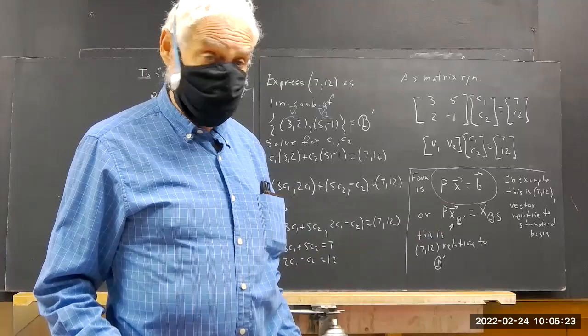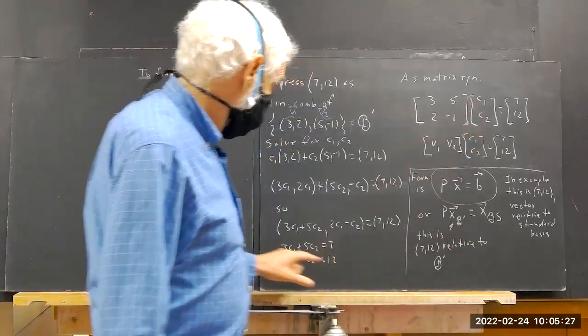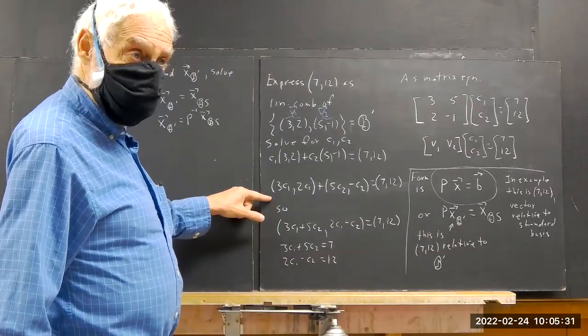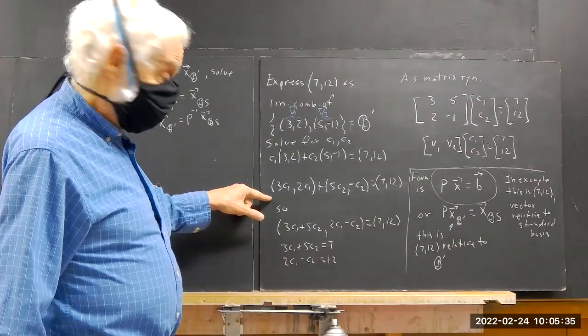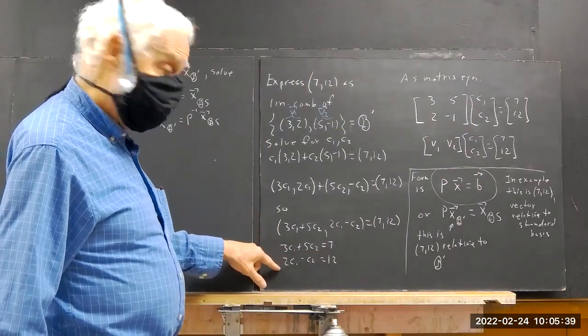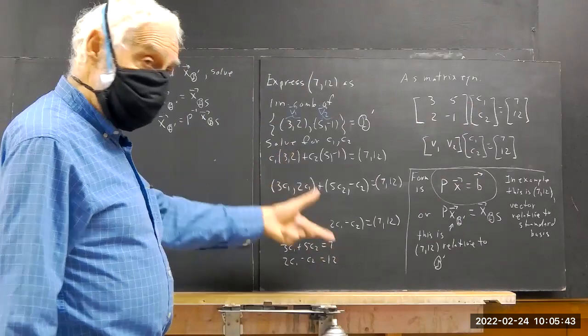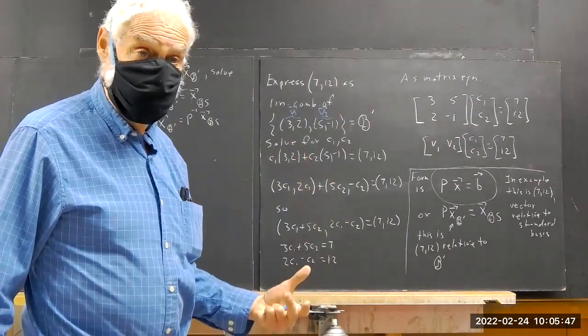Also, you want to understand what it is you're doing, be able to relate everything you're doing back to your basic equation for linear combination. Translate it into this form and then into a set of simultaneous equations, then into a matrix equation. Because that grounds you in the meaning of what all this is about.